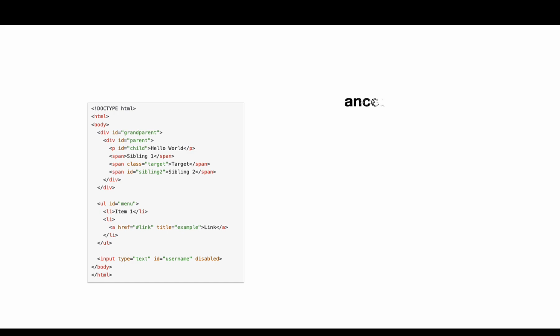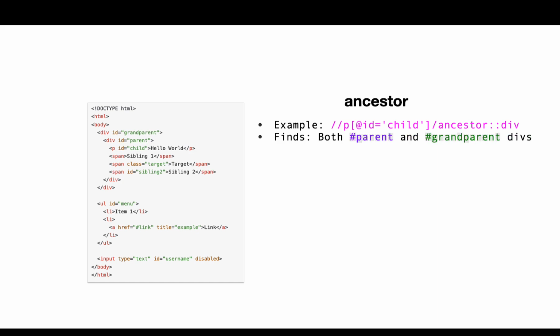Next we will see what ancestor is. It is different from parent. Only the place is changed. Instead of parent we are putting ancestor here. I'm finding the p tag which has id equal to child. This is the one, and if I use ancestor div, it will find both parent and grandparent.